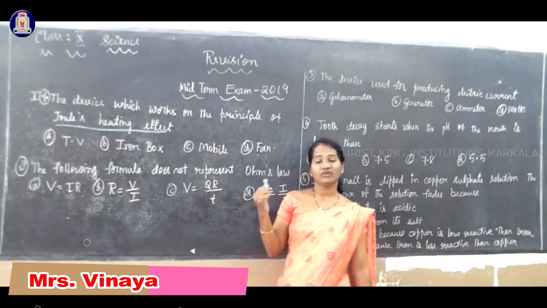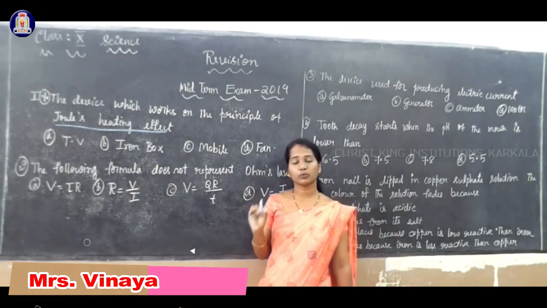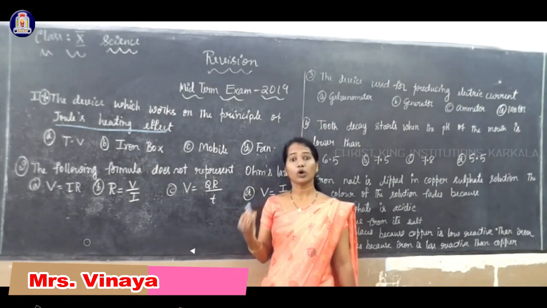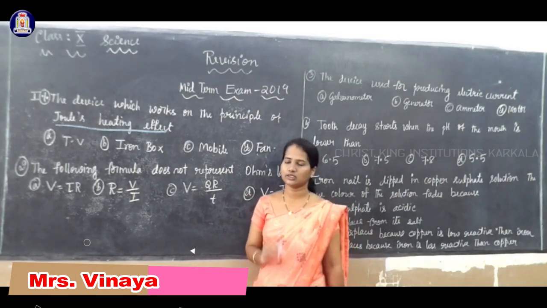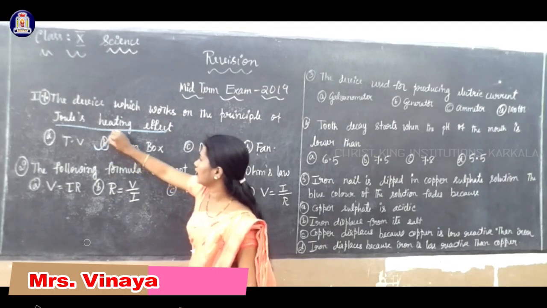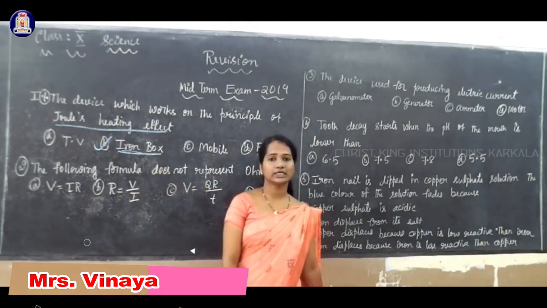But in which device do we need heat? Our intention is to produce heat. Using electrical energy, we get heat energy, and our work is based on that heat energy. So which device is that? Iron box. Answer B, iron box, which works on Joule's heating effect.